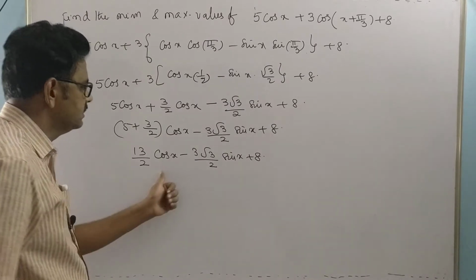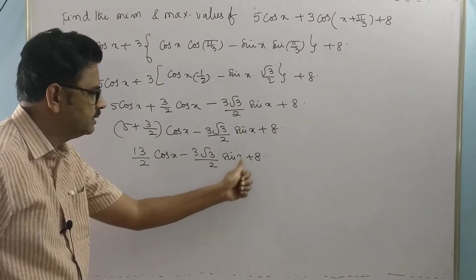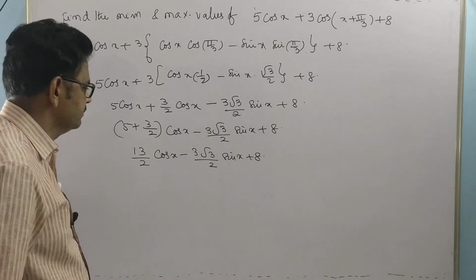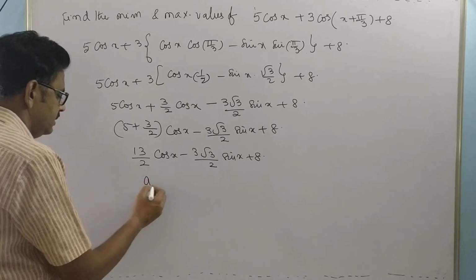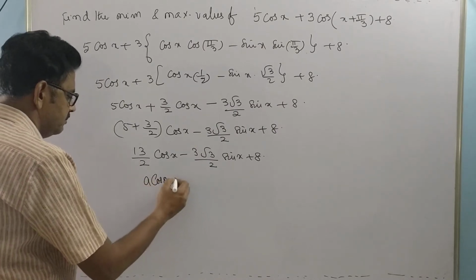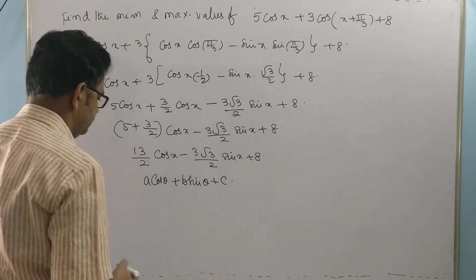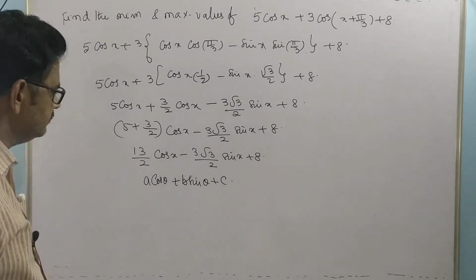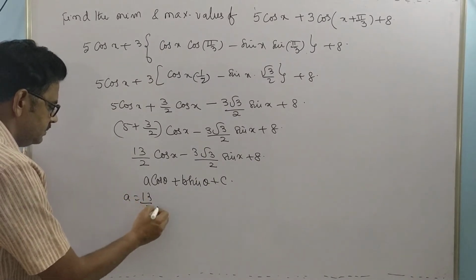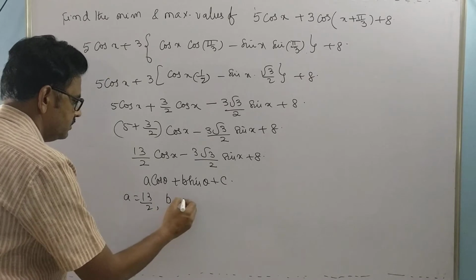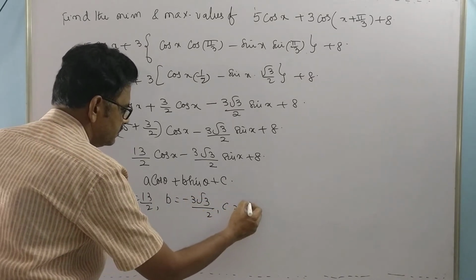This is of the form a cos theta plus b sin theta plus c. Now a is 13 by 2, b is minus 3 root 3 by 2, c equal to 8.